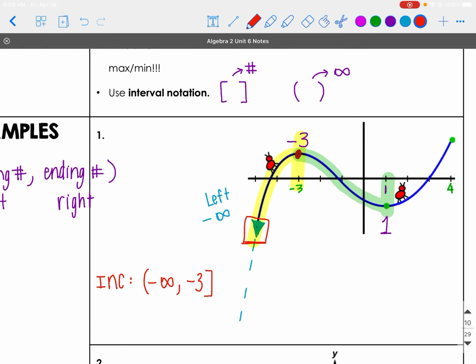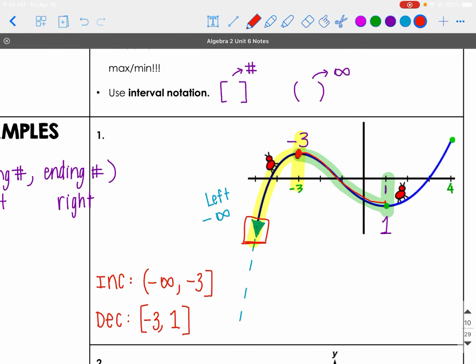So the ant decreases. He goes downhill. He starts here at -3. That's where he started decreasing. And he goes downhill until he gets to 1. So he starts at -3, we use a square bracket, he stops at 1.